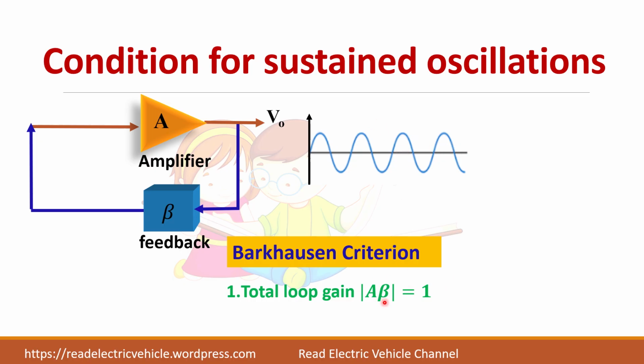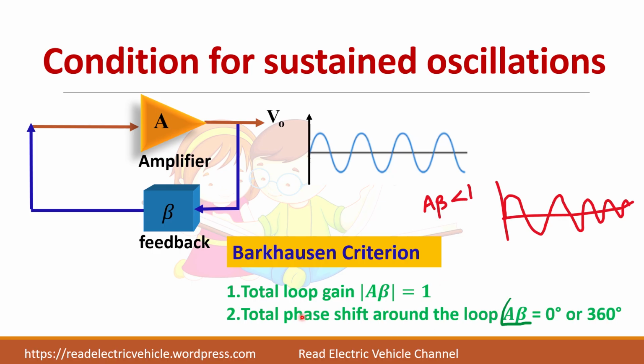In case my A into beta, the gain product, is less than 1, the oscillations will be decreasing in magnitude and soon it will die out. In case A beta is greater than 1, the magnitude of the sine wave will be increasing and at one time it leads to instability, or we can say it gets saturated because of the power supply voltage of this op-amp.